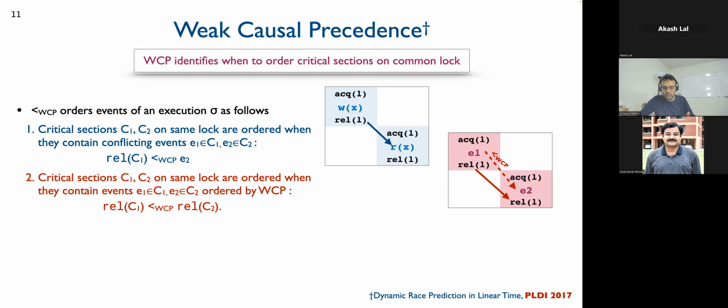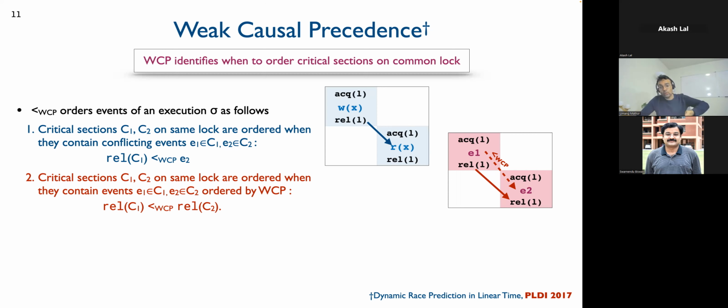No, I'm just saying, how would the analysis become more expensive? Okay, yeah. So if I were to place release to acquire, basically what I need to do then is to have some information of the earlier critical section when I'm reading in the later critical section.